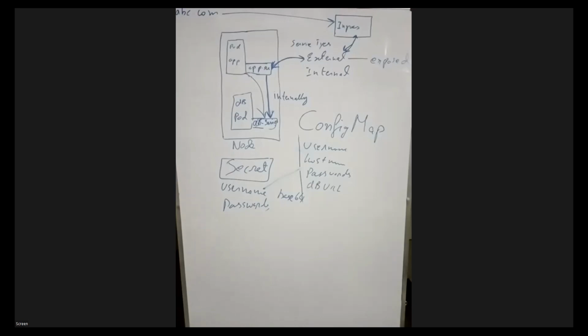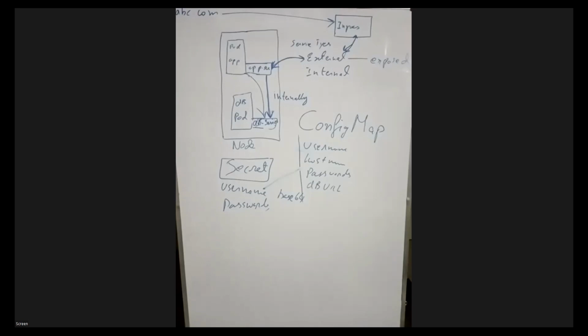And if you reduce it to 2 or 1, all the extra pods will be destroyed, just by changing the value of replica set, and it will come down to 1. And load balancing is already done through your services module.